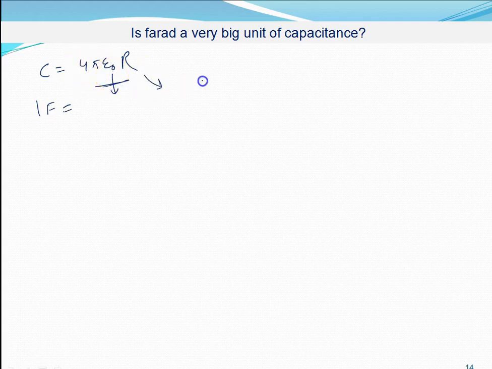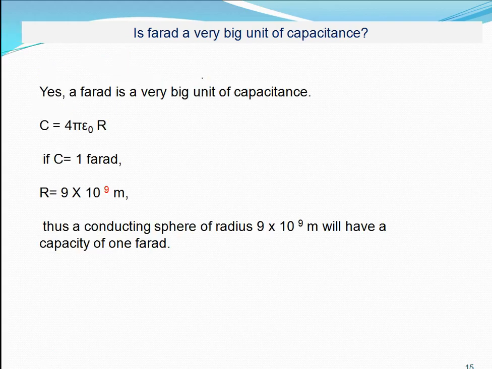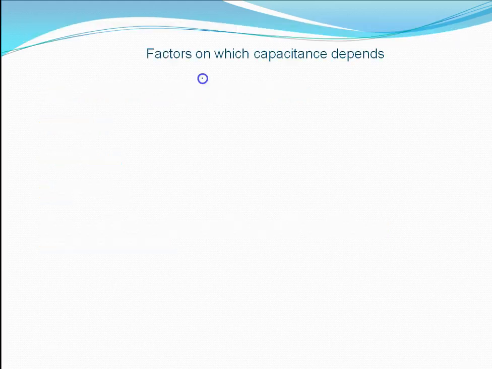If you calculate R, the size of the sphere, that will be very large, that is 9 into 10 raised to the power 9 meter. So 1 farad is a very big unit. If we want a 1 farad capacitor, we require a conducting sphere of radius 9 into 10 raised to the power 9 meter. So it is not feasible.